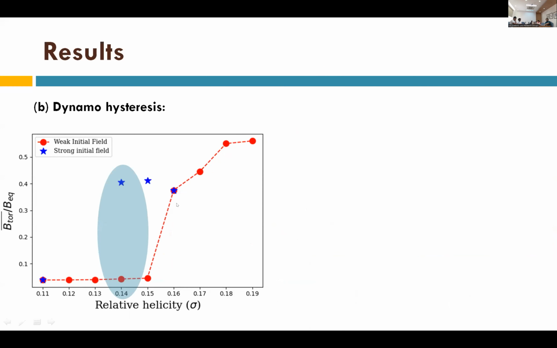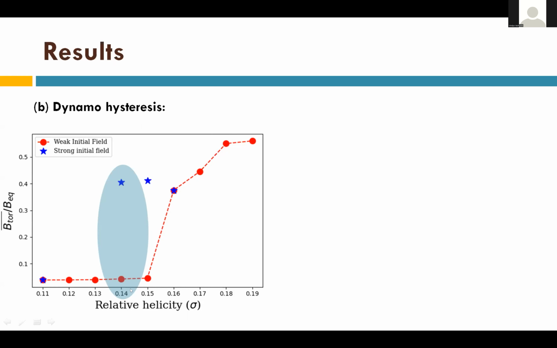Actually, what we did here is that all these simulations are independent of each other. For example, I started with a weak field, and when we get this field, the output will be strong. The dynamo is operating in this field, but in this subcritical region, the dynamo is not operating.